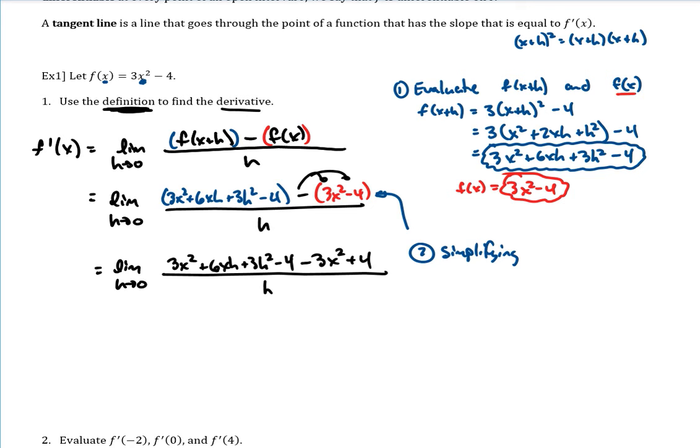And when we simplify, our goal is that we should hopefully get this h in the denominator to cancel out. And so in the numerator, we should only have h terms left over. So simplifying, we should only have h terms in the numerator once fully simplified.